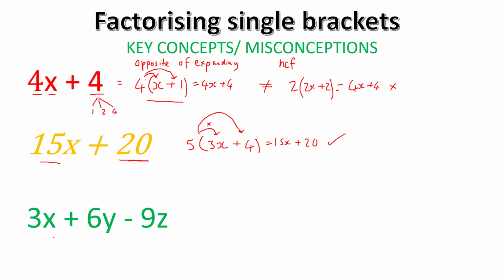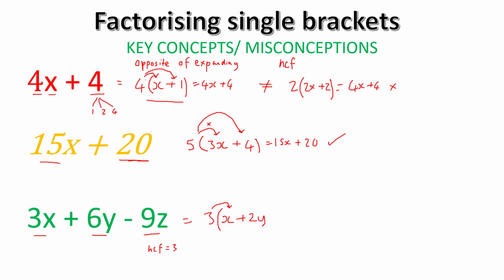Now this is a triple letter bracket, but it can go into a single bracket if you get a question like this. So the highest common factor here is 3, so 3 has to go on the outside. How are we going to get the x in? That's just x, because 3 times x is going to give us the 3x. So we need to get the number 6. So 3 times 2 is 6.